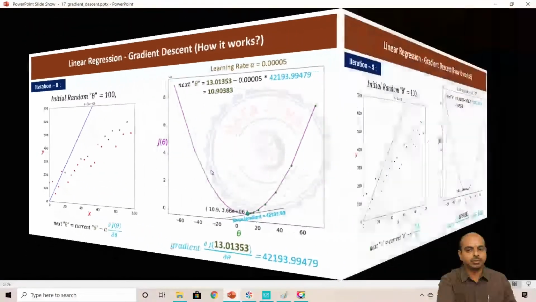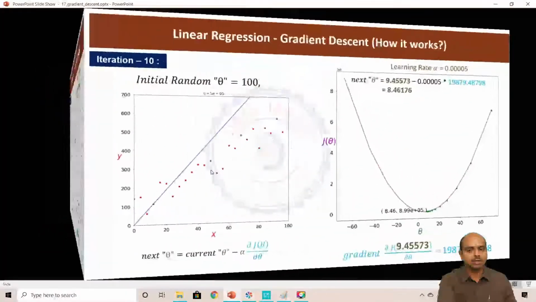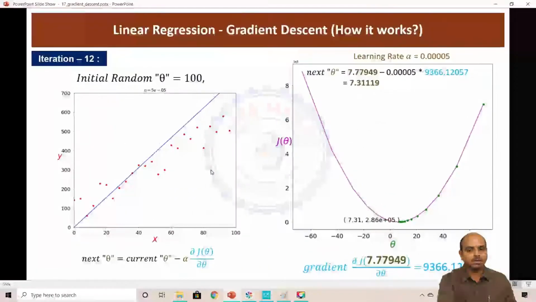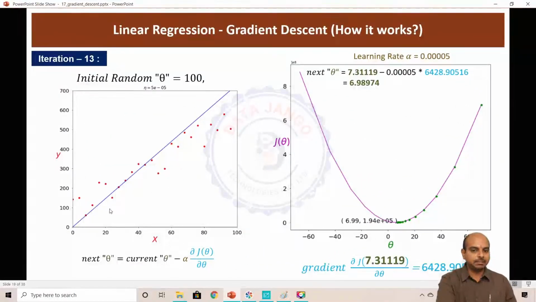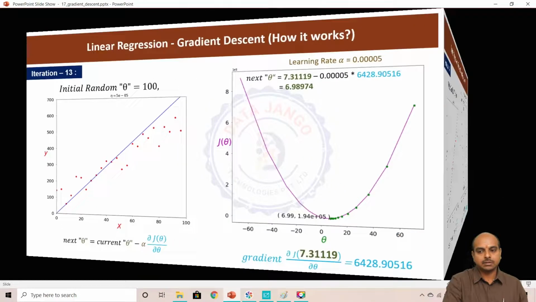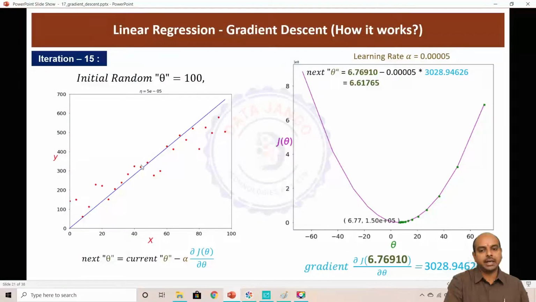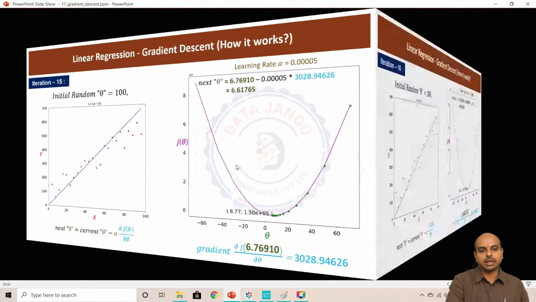It moved a little more, right? It moved even more, right? So we are finding the best theta by taking the help from the cost function slope at that particular theta. See that the line actually started somewhere here and it moved almost close to theta.